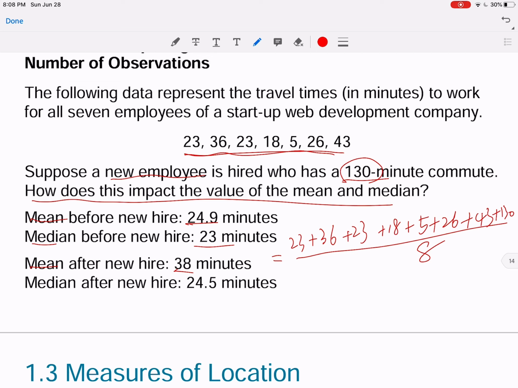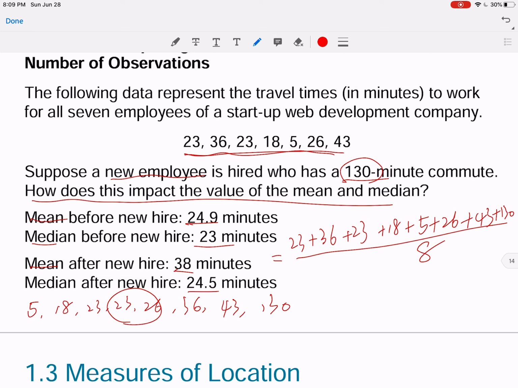The median would be 24.5, because if we arrange this data set in ascending order, that would be 5, 18, 23, 23, 26, 36, 43, and the new number is 130. Since we have 8 numbers in total in this case, the median would be the average of the fourth number and the fifth number, which is 24.5.